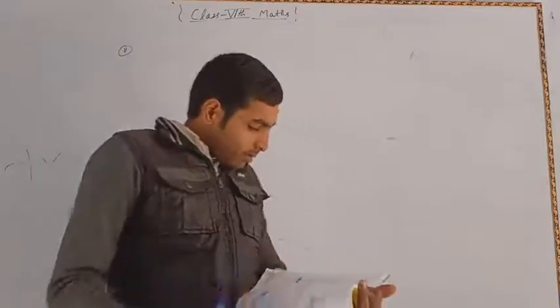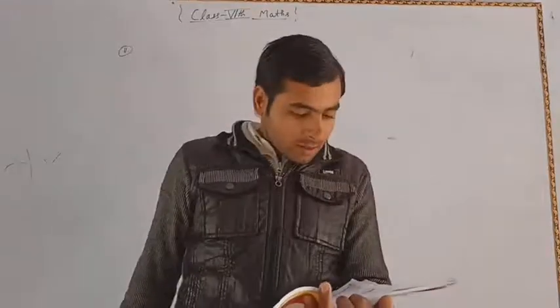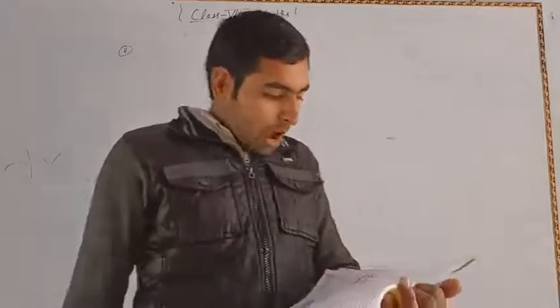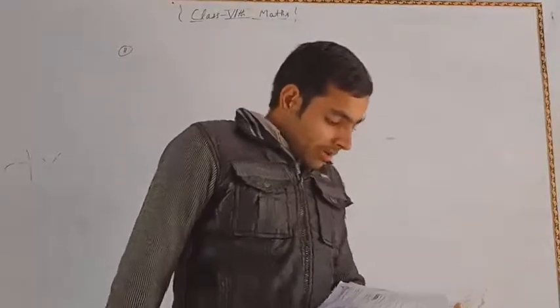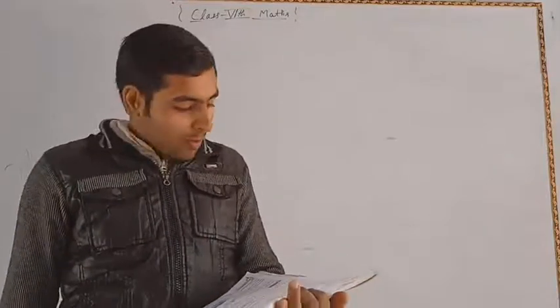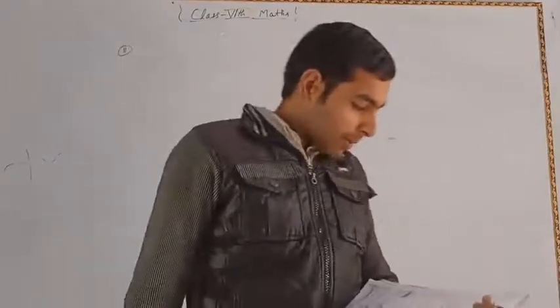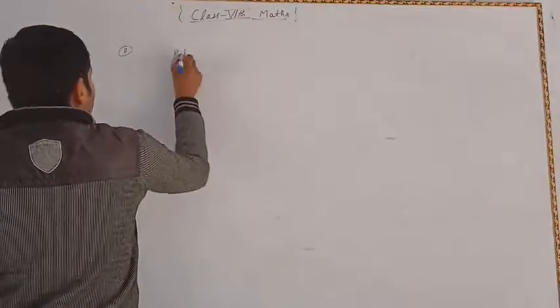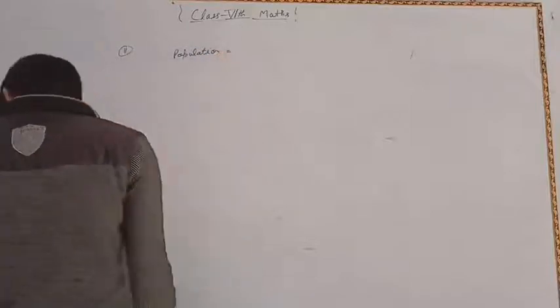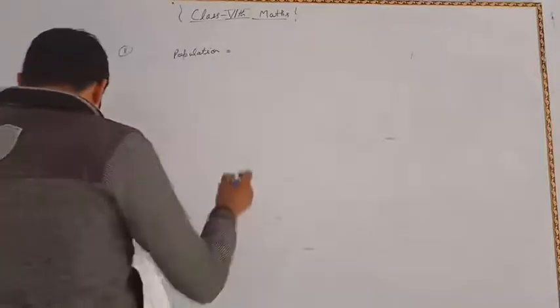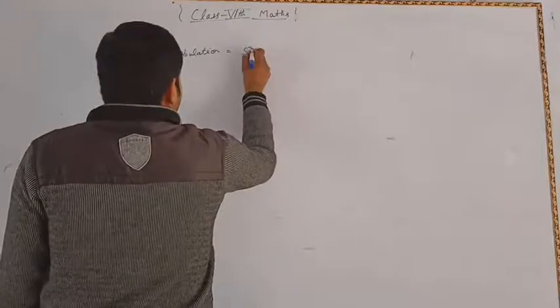Here given that the population of a town is 50,000, out of which 30,000 are male. Find the ratio of the number of women to the number of men. So here given that total population is equal to 50,000.